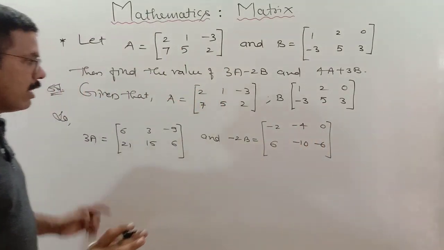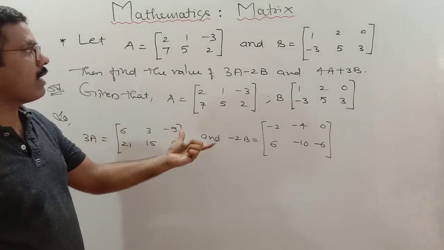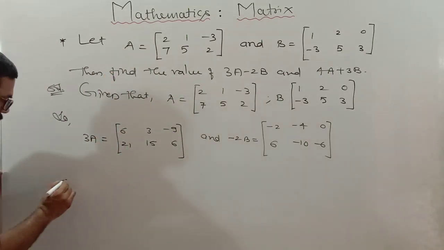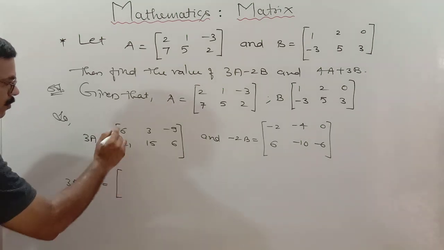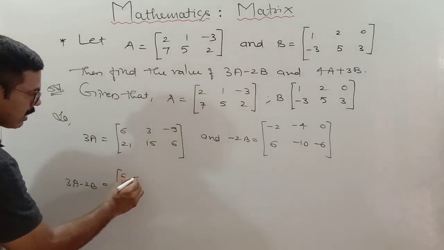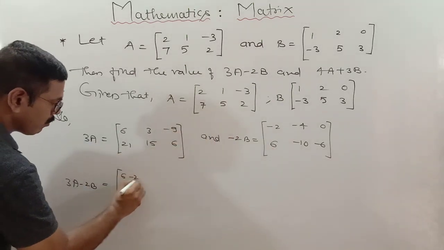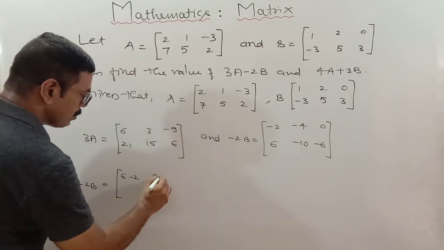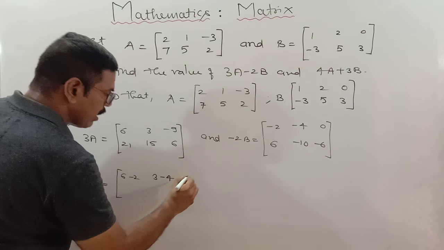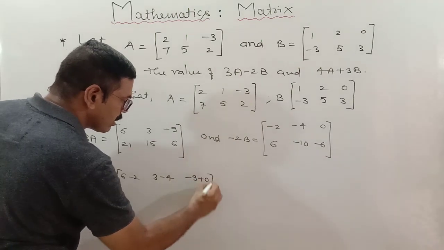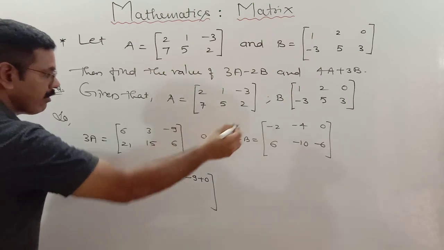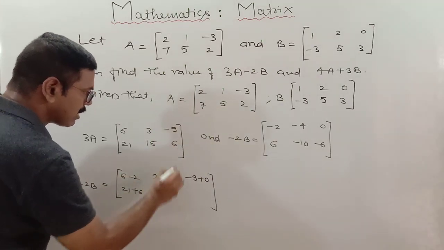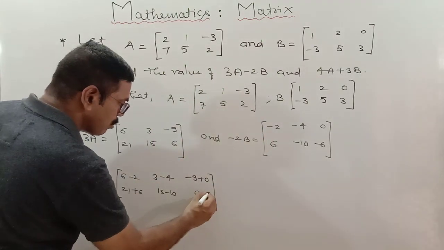Is it clear? Now I am just determining 3A minus 2B by adding these matrices. 3A minus 2B is equal to 6 minus 2, 3 minus 4, minus 9 plus 0, 21 plus 6, 15 minus 10, 6 minus 6.